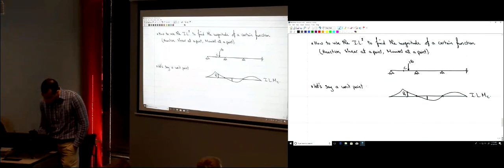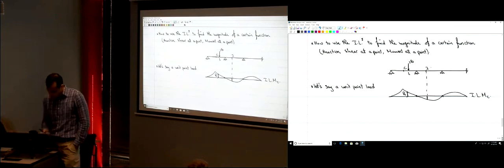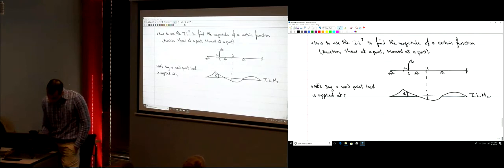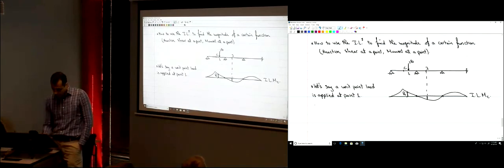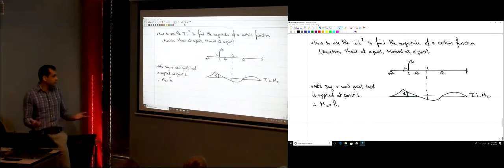Let's call this point 1 and this point over here 2. So we have a unit point load applied at point 1. So I know MC is equal to H1. That's from the definition.